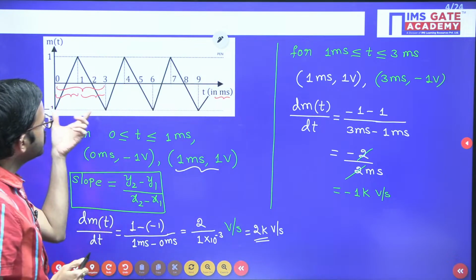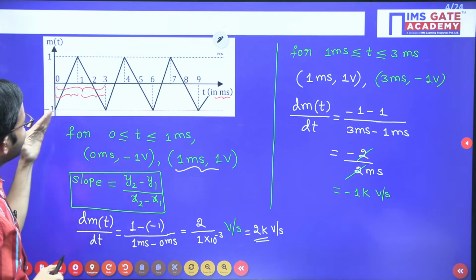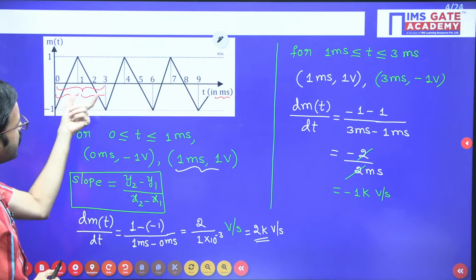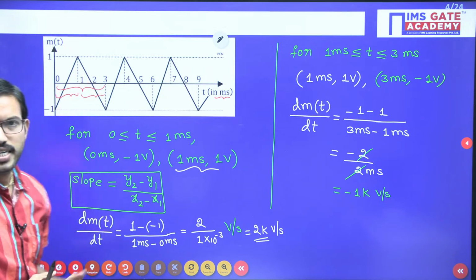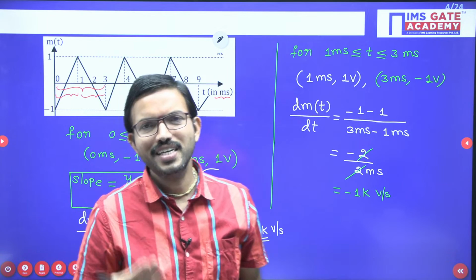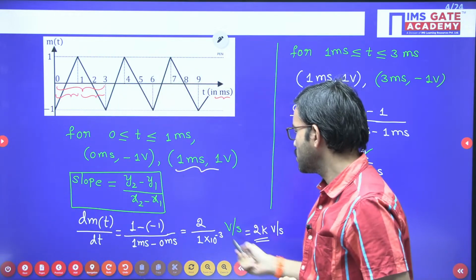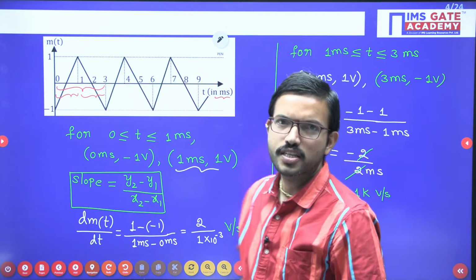So in this particular waveform for the given message signal, in one interval it is linearly increasing, whereas in another interval it is linearly decreasing. Obviously, in whichever interval it is linearly increasing, during that interval you are going to get the maximum slope.